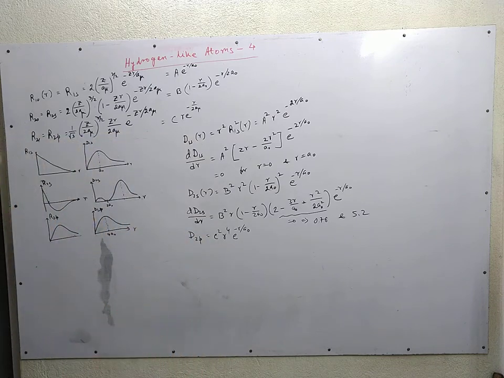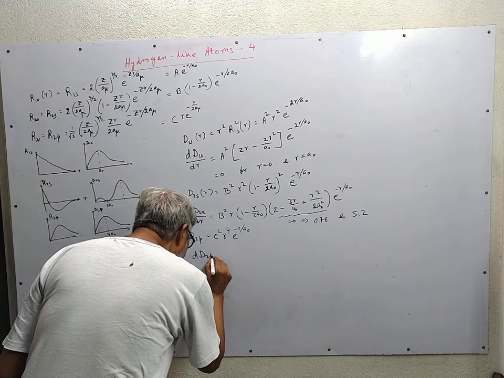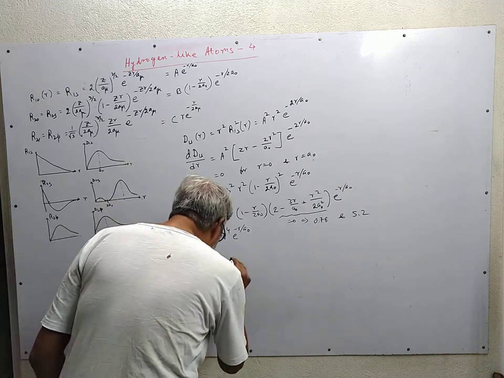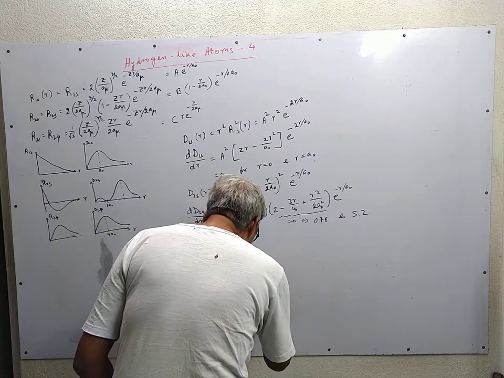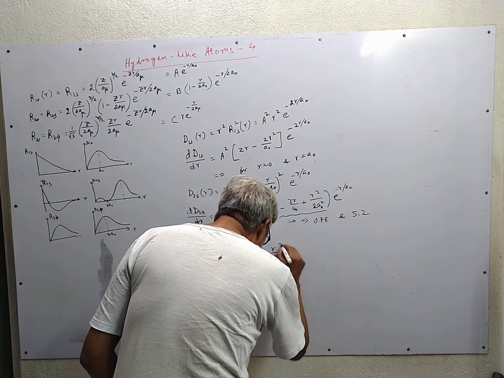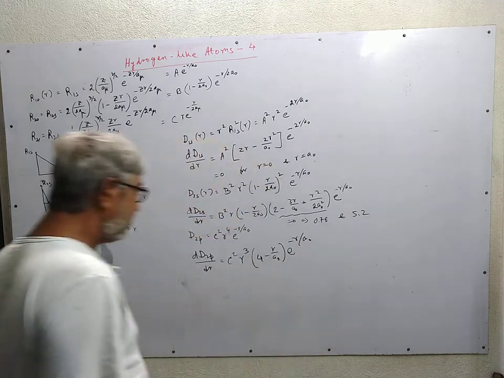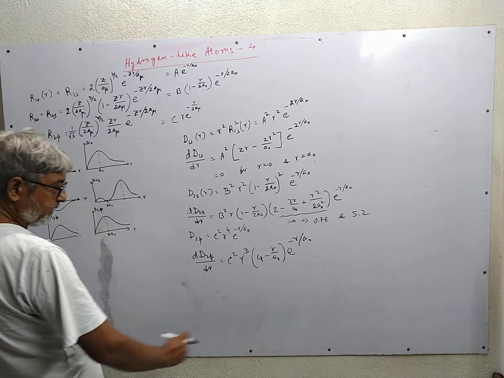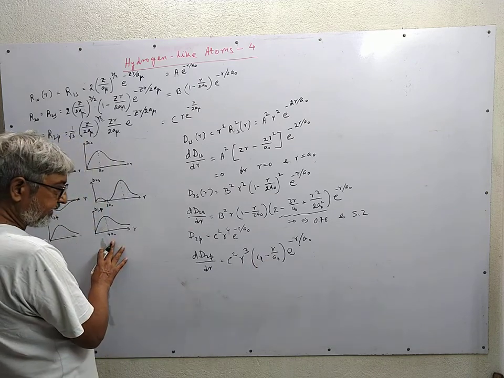If we differentiate and set it equal to 0, then we find that dD_2p by dr is equal to c squared r cubed times 4 minus r by a0 times e to the power minus r upon a0. So r equal to 0 is this point, and this part corresponds to a maximum. It is 4a0.